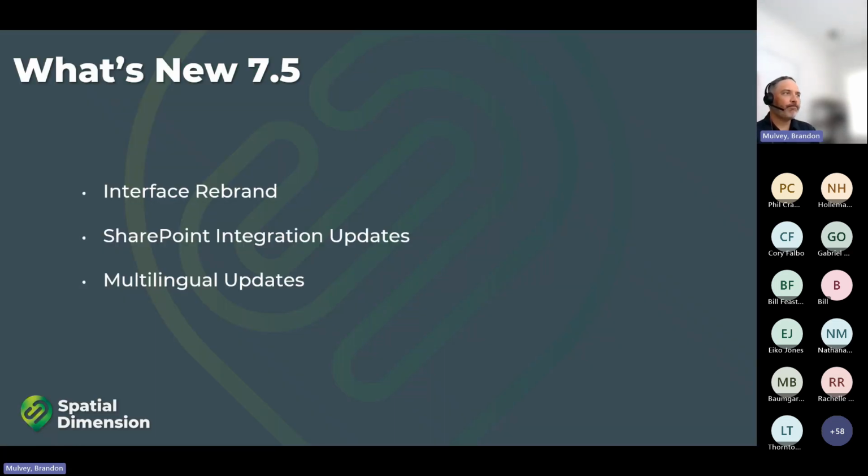All right. Now jumping into the latest version, 7.5. Mike took a component of this, exciting component on the interface rebrand, and showed you around that earlier. So what I'll be diving into right now is just the SharePoint integration and multilingual updates. So a few less updates, but they're more in depth, more involved, and these are tagging along with the interface rebrand.